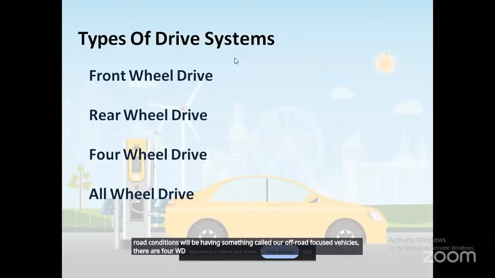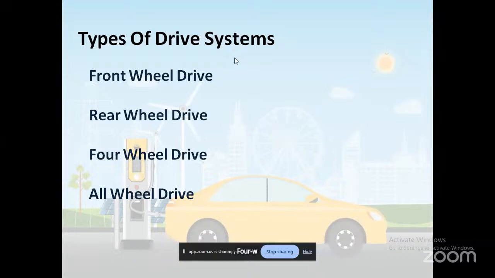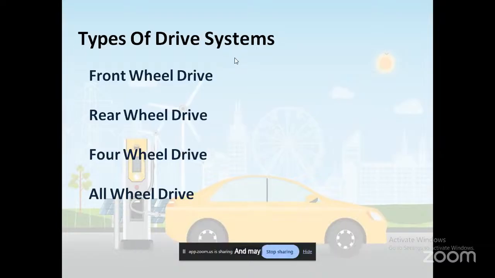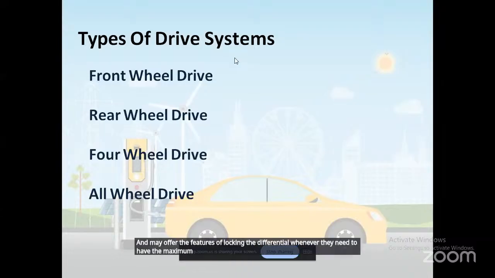Coming to power distribution, a four-wheel drive system often offers split power equally between the front and rear axles, and may offer features like locking the differential whenever maximum traction power is needed. So this is the use of our four-wheel drive.